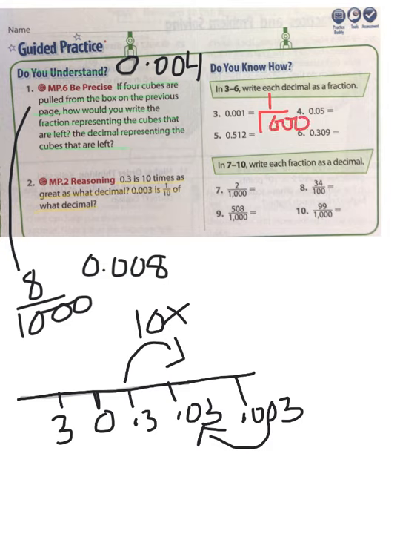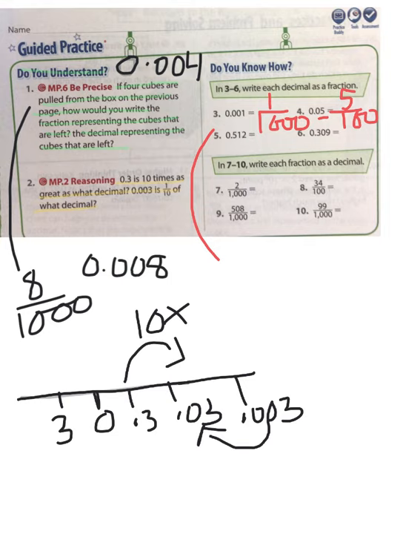On number 4, the 5 is in our hundredths place because we have a 0 in our ones place, a 0 in our tenths place, and a 5 in our hundredths place. So we're going to do 5 over 100. All right, now let's move on to number 5. You can just write it in your book. It's just going to be hard for me. We have 512 thousandths.